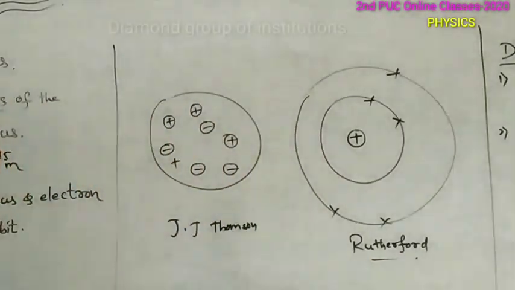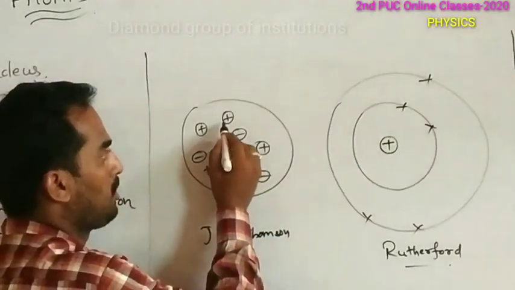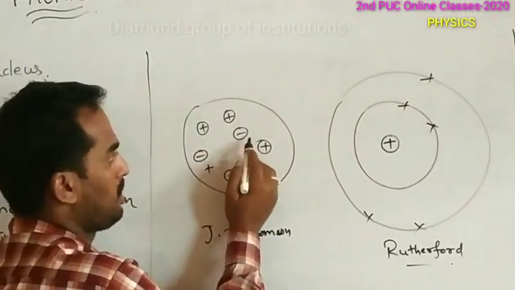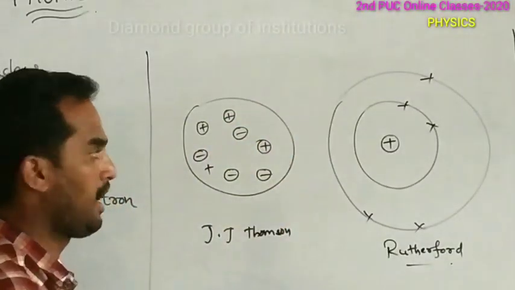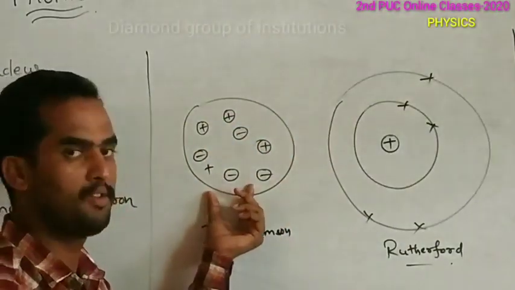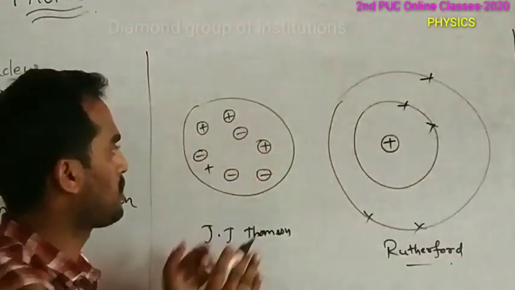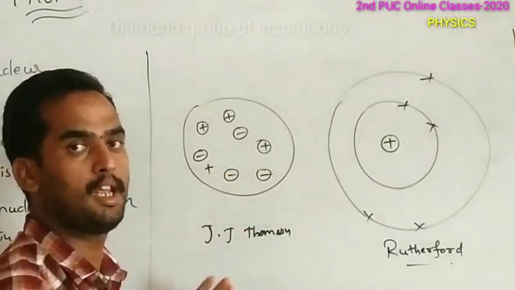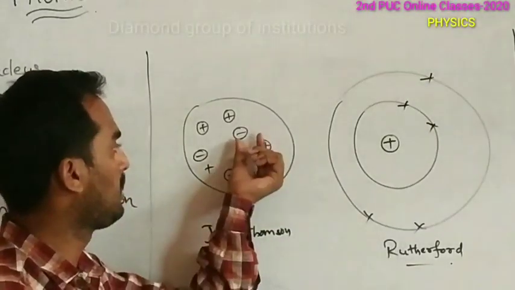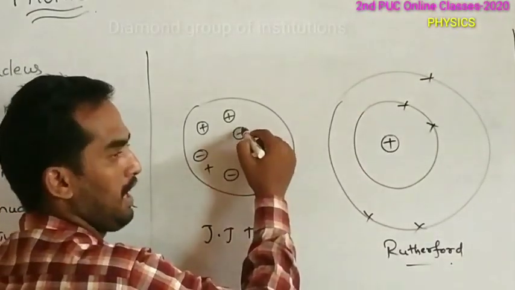According to J.J. Thomson, both positive and negative charges are uniformly distributed in an atom, and there is no information regarding the nucleus. That means the positive charge is distributed like the red portion in a watermelon, whereas the seeds in the watermelon are the electrons.